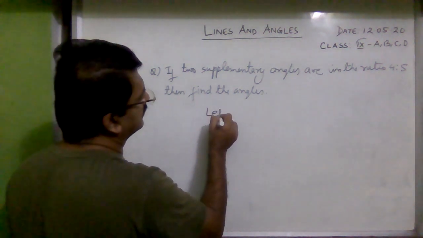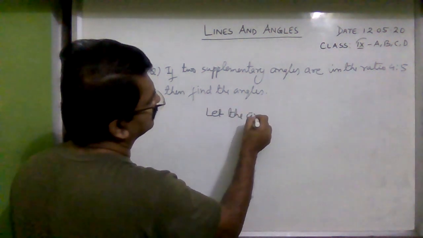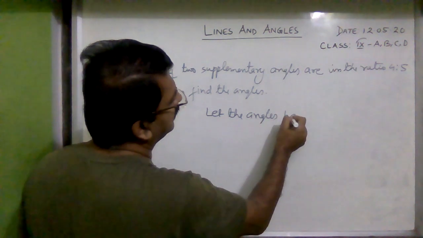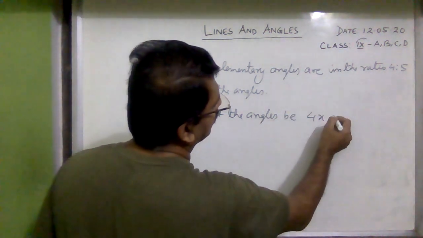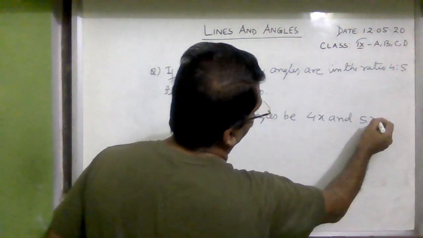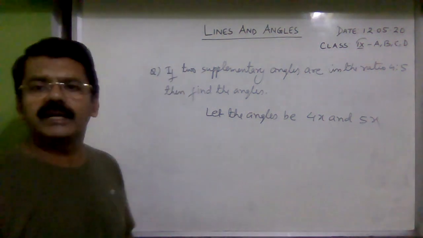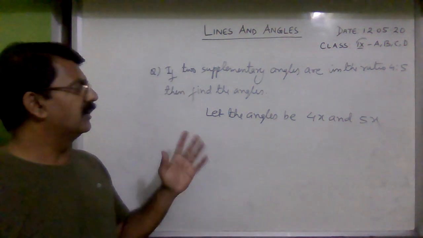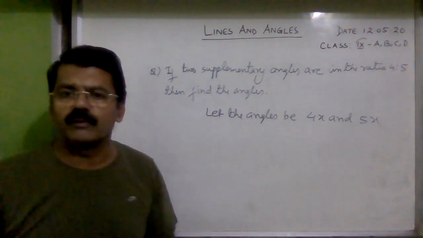Let the angles be 4x and 5x because the ratio is given 4:5.